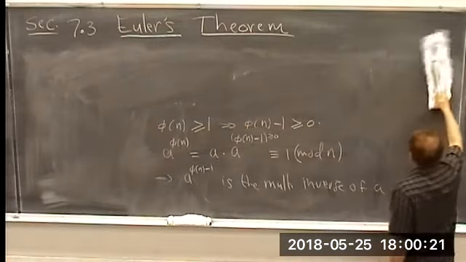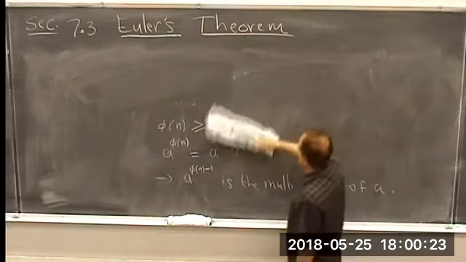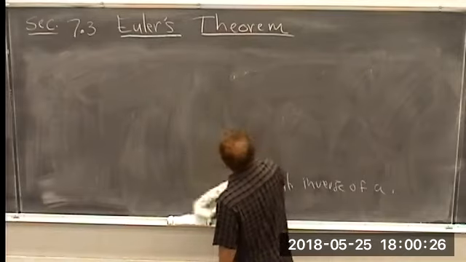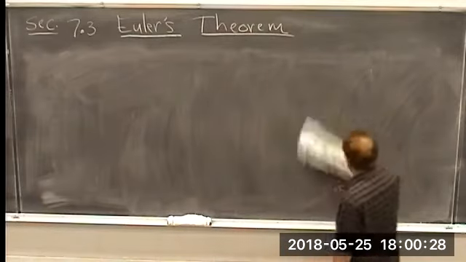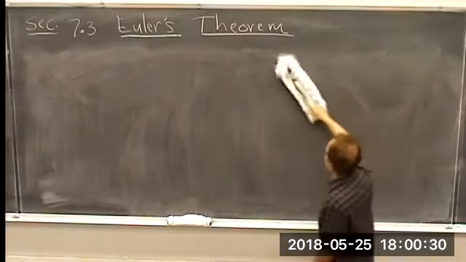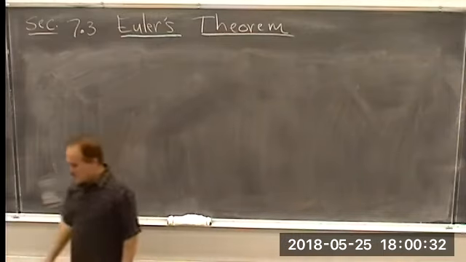So this makes it easy because we have an effective method of finding the value of Euler's function for different integers. Simple.